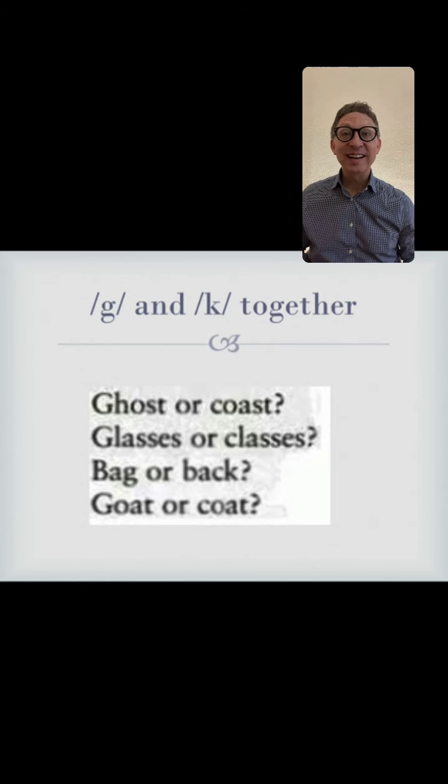Glasses, classes. Very difficult, this one. One more time. Glasses, classes. The key is the very initial sound. That's how native speakers know which word you're using, is that initial sound.